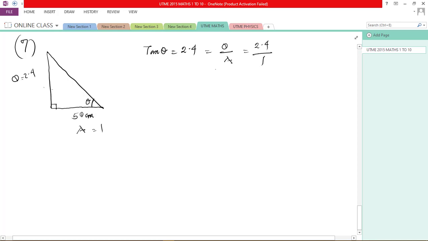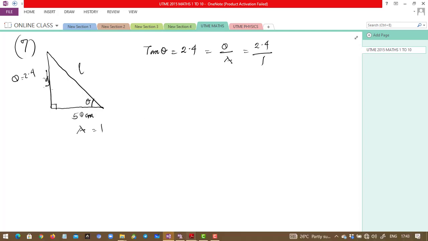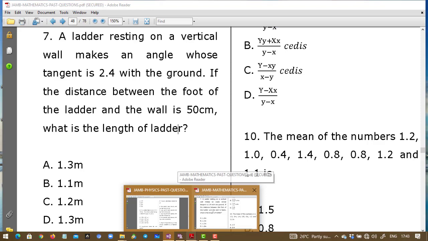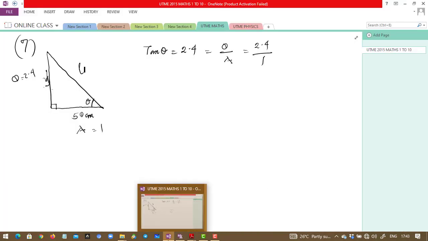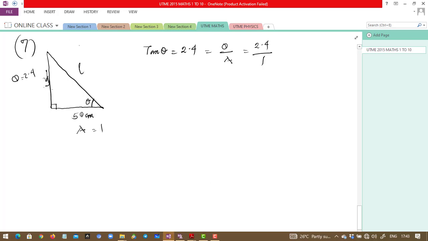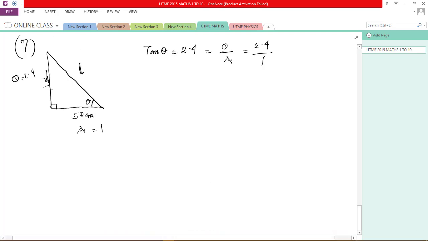So without wasting time, we are looking for this side. Let's say it is L. We are looking for this place L. They said, what is the length of the ladder? Good. Length of the ladder to be found. So here is L that we don't know, right?